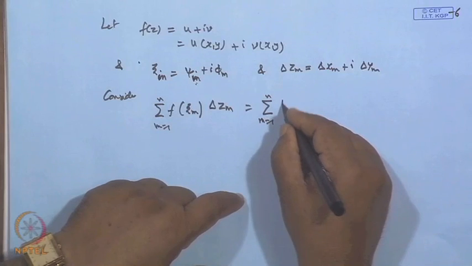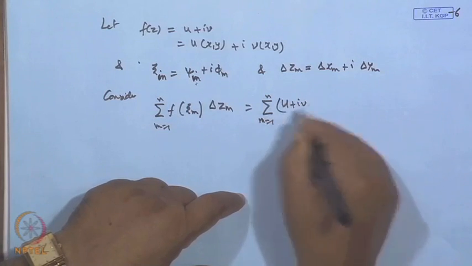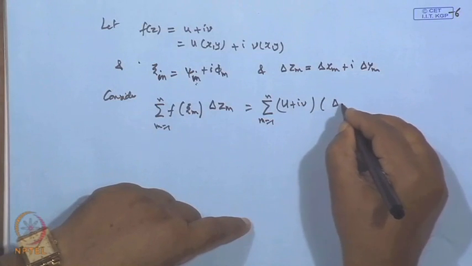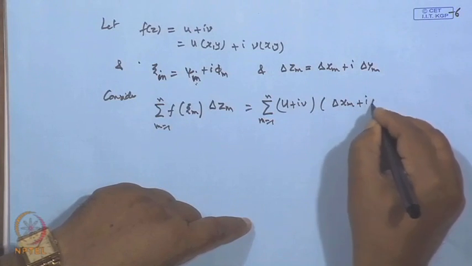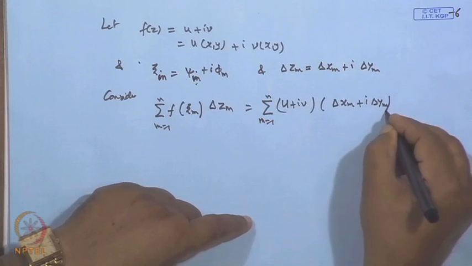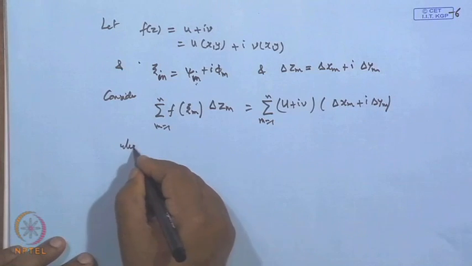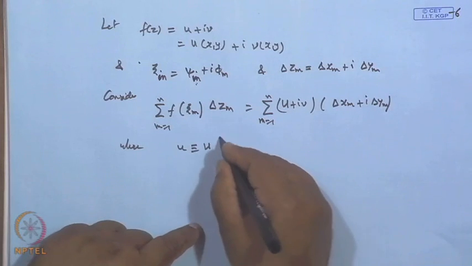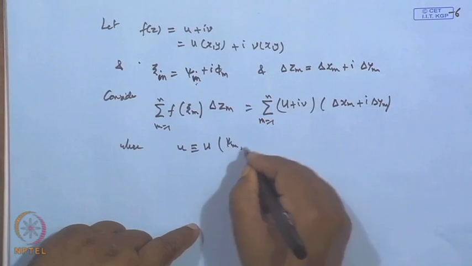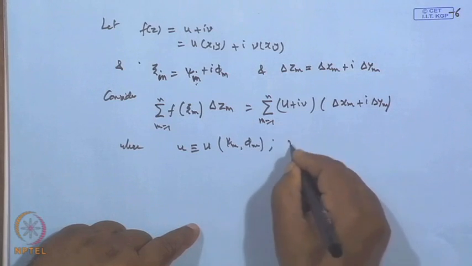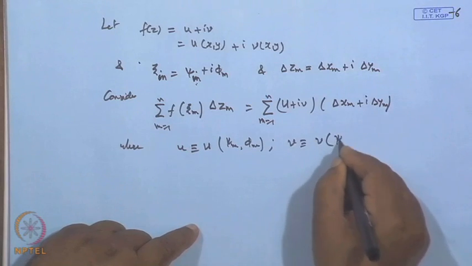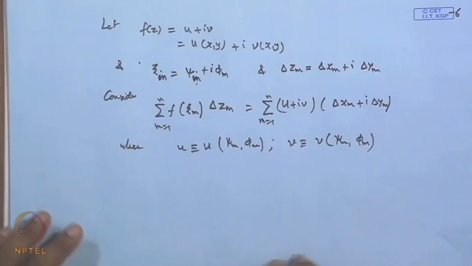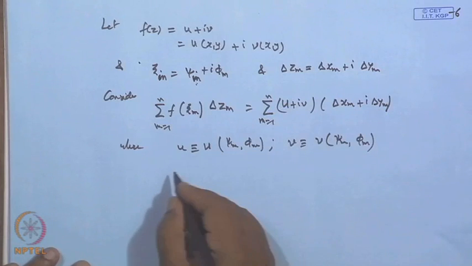So, this will be equal to u plus i v, times delta x_m plus i times delta y_m, where u depends on ξ_m, η_m, and v also depends on ξ_m, η_m. Just substitute the values.